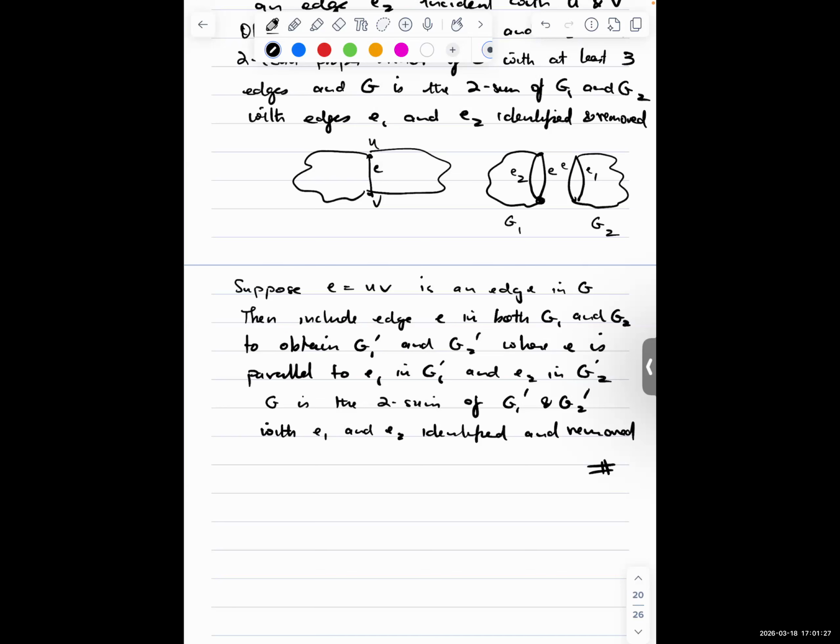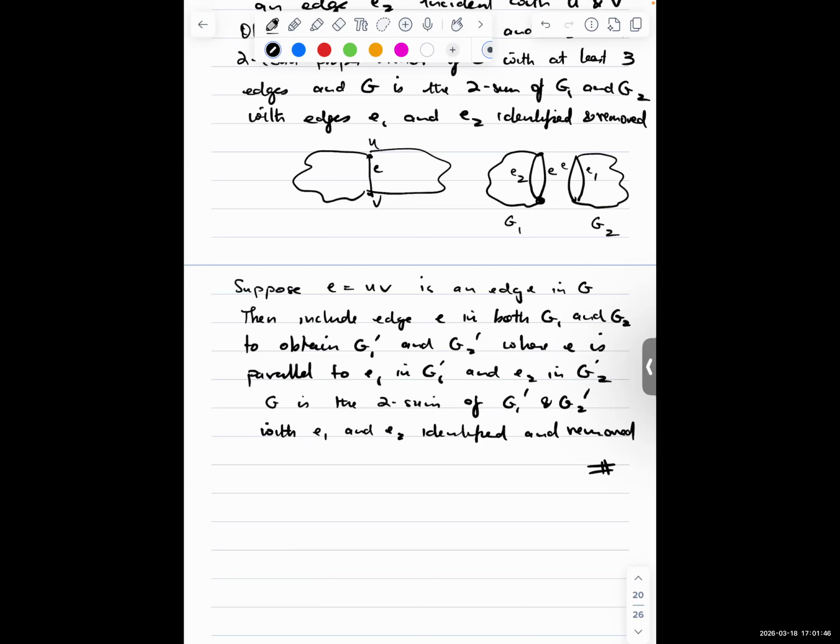One side is K-connected, and the other side is two-connected. So you're just sticking it together across an edge, right?